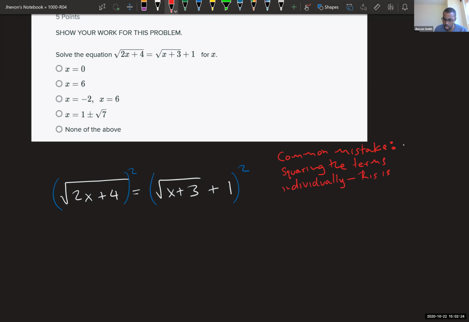This is wrong. It's essentially a distributing powers across sums error. You must square both sides. You must square the entire side.